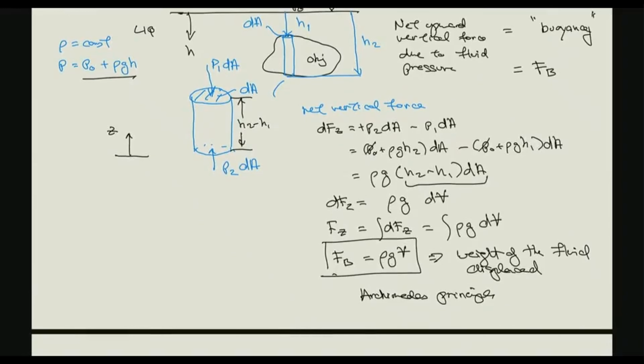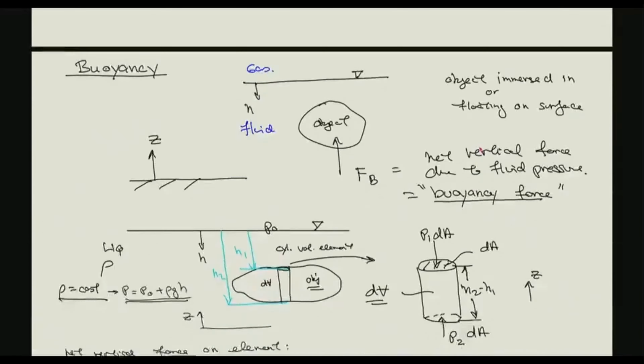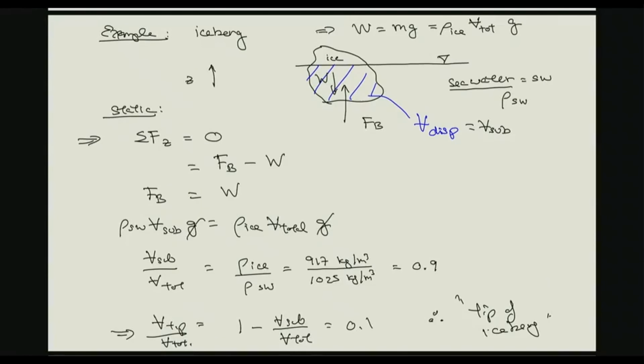As an example, let's see, do I have time for an example here? In the last minute of class, I just want to go over this example: an iceberg. Here it's partially submerged, an object that is partially submerged.